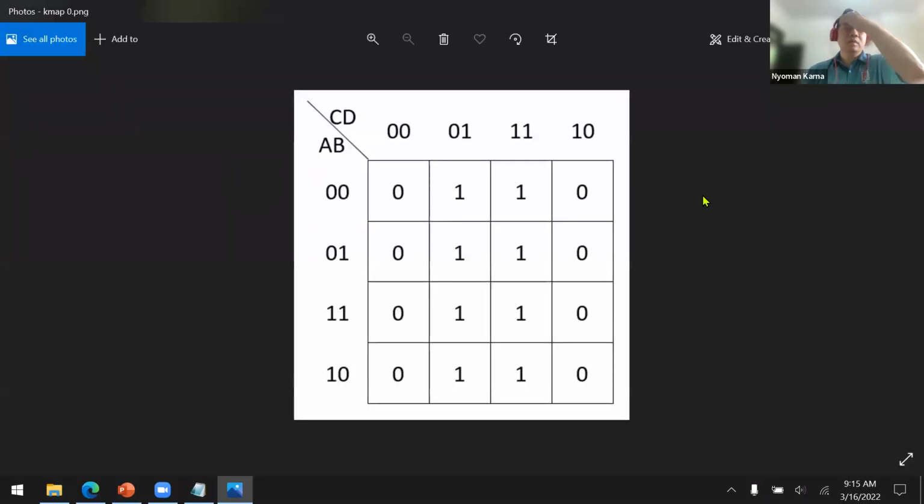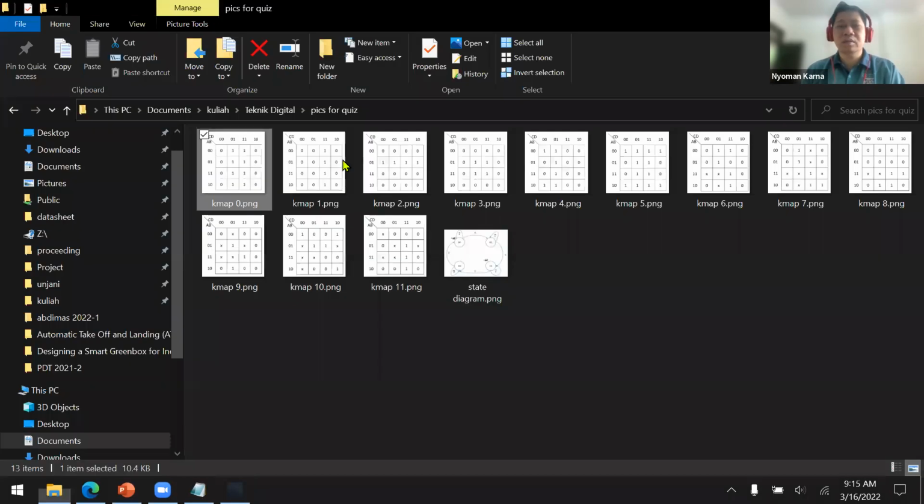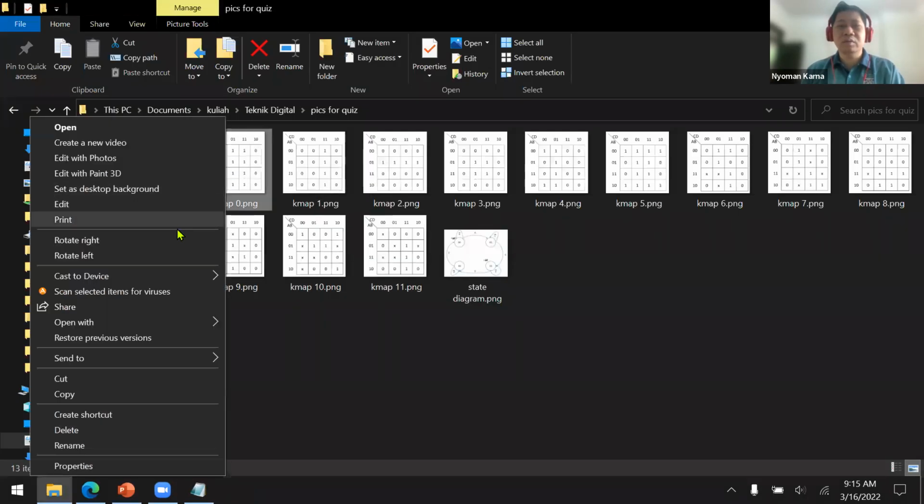Now, like this. Now we have four inputs, A, B, C, and D. As we can see in here, AB 0, 0. Let's open it by using Paint.